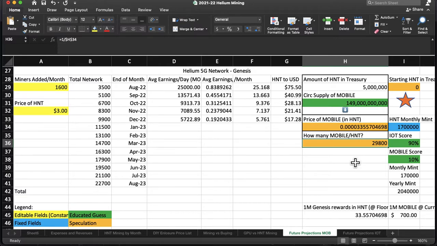So I think this is going to be something that is there as a backstop. This probably confirms the thinking of this is definitely going to need to be there as a backstop, but this does not provide, in my view, in my calculations, hit me in the comments if I'm doing something wrong, but this does not look to me like converting mobile to HNT is a good play at any time frame.